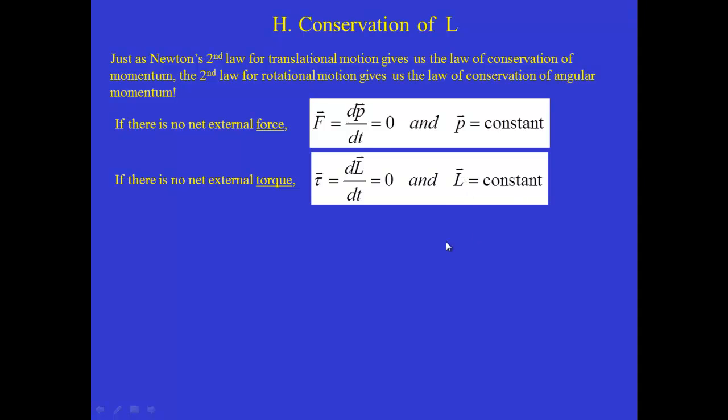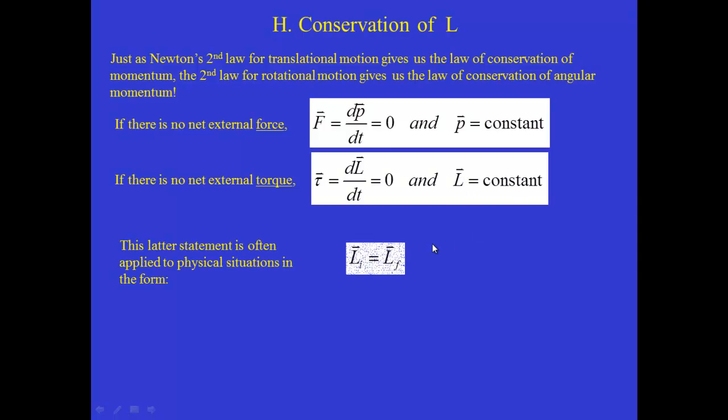L is a constant. So in practical situations where we're using this law to analyze the behavior of a rotational system, saying that L is equal to a constant is equivalent to saying that L initial, before some kind of interaction, is equal to L final, which is the angular momentum after the interaction has taken place.